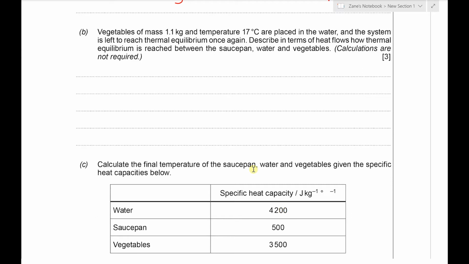the amount of heat energy that they're going to gain is going to be equal to the amount of heat energy lost by the water and the saucepan. So let's put that down along the lines of this.